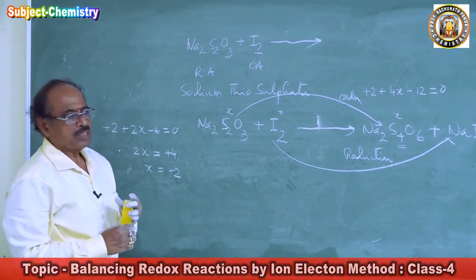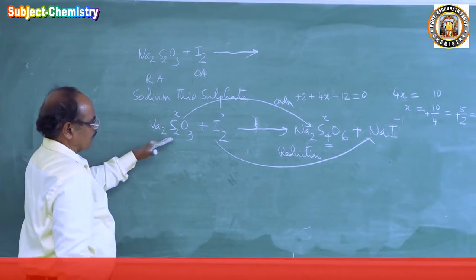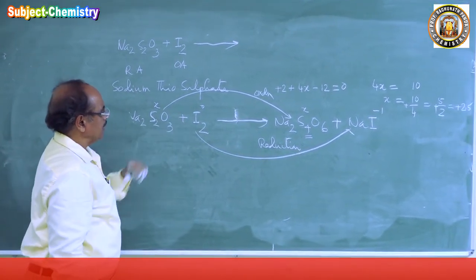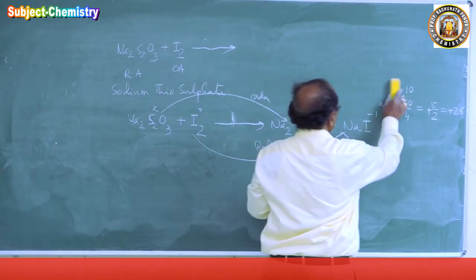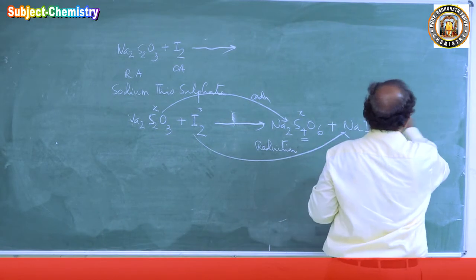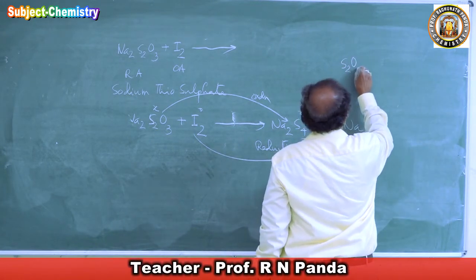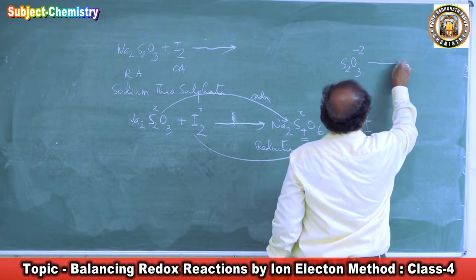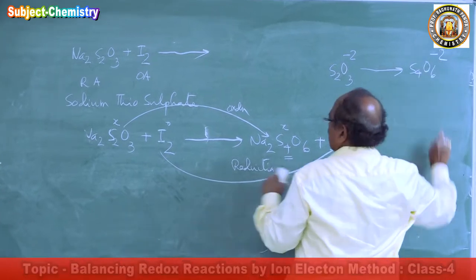Now we will go to the balancing part of the equation. Thiosulfate is forming tetrathionate and iodine. So what does the rule say? Write down the oxidized and reduced state of the substances in ionic form. So thiosulfate S2O3 minus 2 is forming S4O6 minus 2.